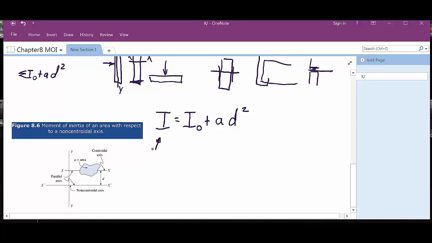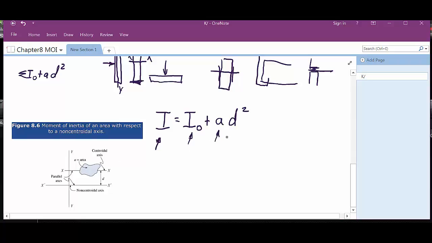With respect to any axis, this is the moment of inertia of the individual piece here, whether it's that square, rectangle, whatever shape you've got. This is the area of that piece.